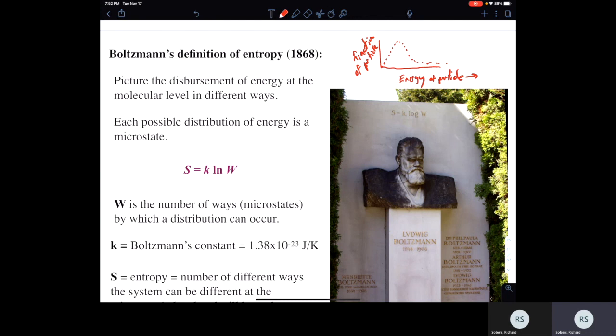But this is a different equation, and this is on his grave. The entropy is K times log W. Now back then, when you wrote log, that was assumed to be log base e, which now we write ln. And when we write log now, we assume that's log base 10.